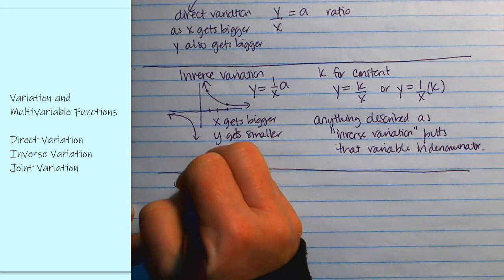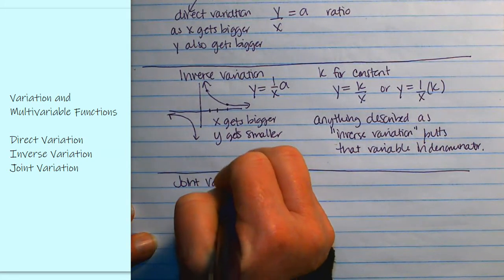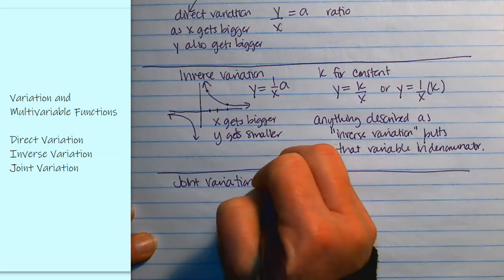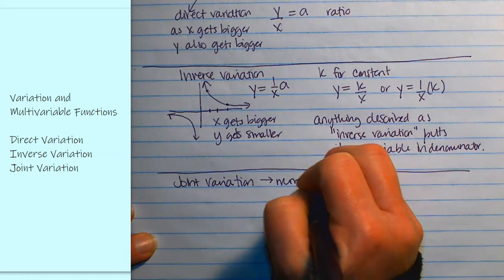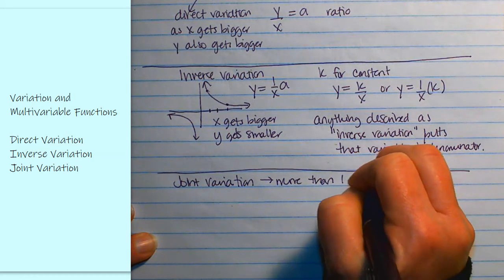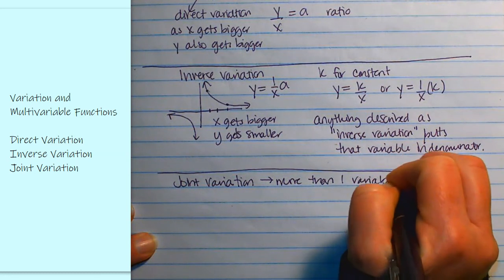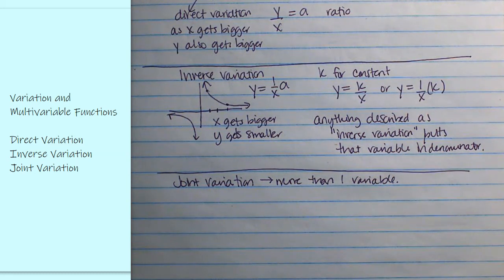So joint variation means that you're going to have more than one variable. Additionally, any of these three types could have different exponents than we would have last year.